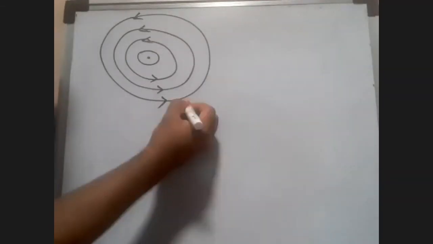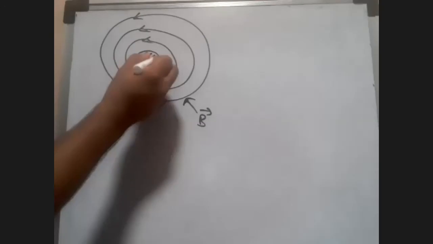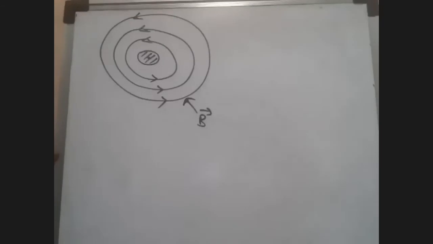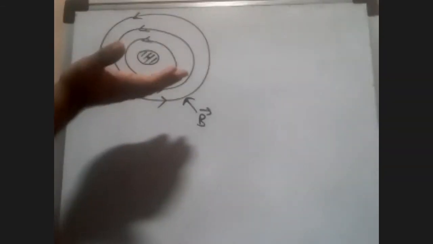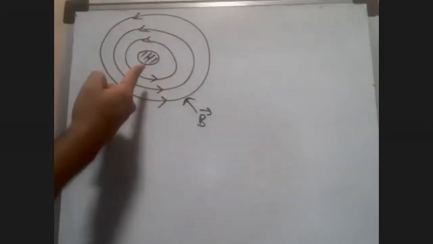Of course, this is B, and this is a conductor here with current outside. To find the direction of the current, all you have to do is take your right hand, curl it around the magnetic field, and you will get the thumb pointing towards you. That means the direction of the current.